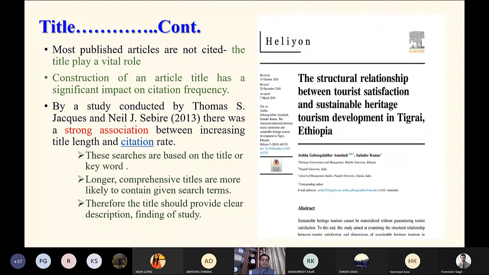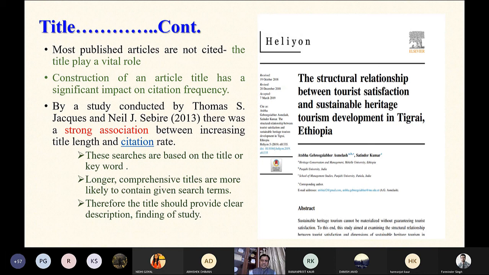Thomas and Neil indicate that the longer the title, the higher the chances that our paper will be cited by others once it has been published.